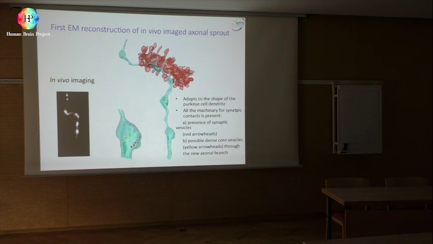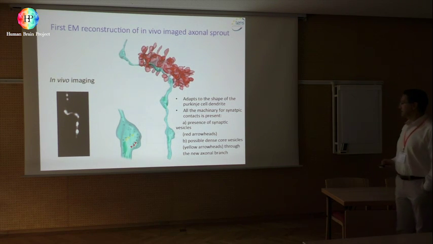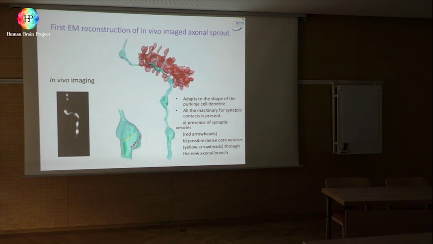And if you zoom in, you see that all the machinery to create a new synaptic contact in this varicosity is present. There are vesicles, dense core vesicles and other kinds of neurotransmitters which are at the base to constitute a new synapse.